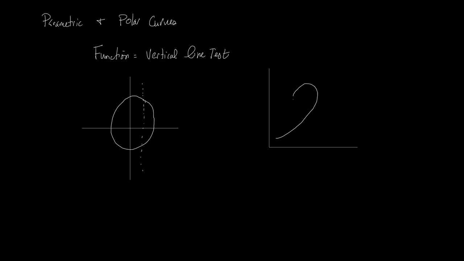It has a little bit of a loop-de-loop, and it continues on. This would have a direction, and clearly this is also not a function for many reasons, but more specifically, it doesn't pass the vertical line test because we have the intersection here, here, and here.